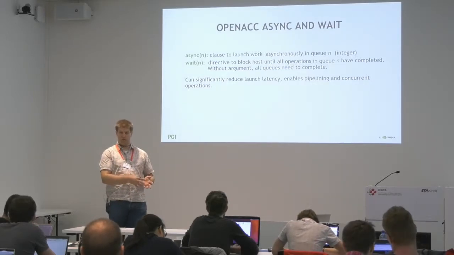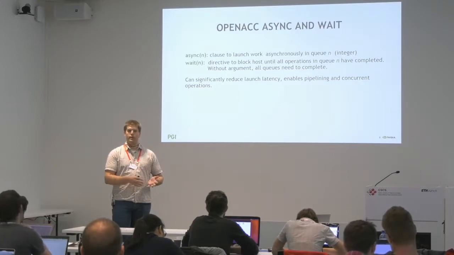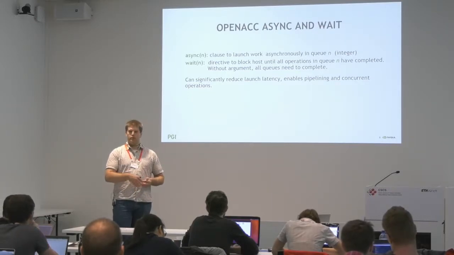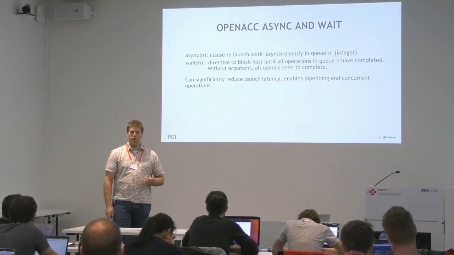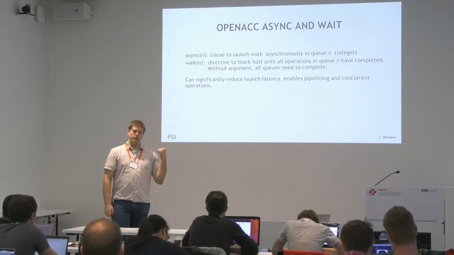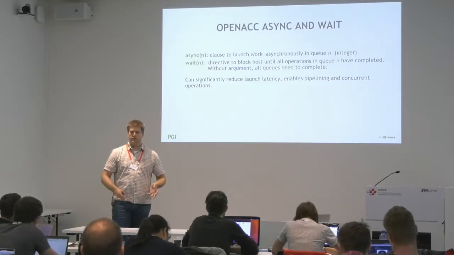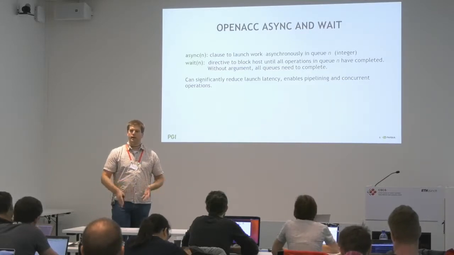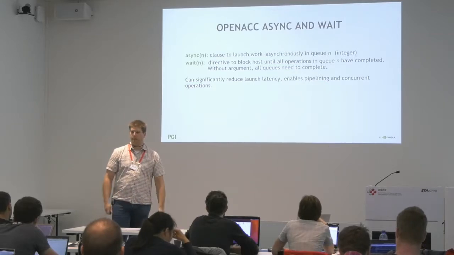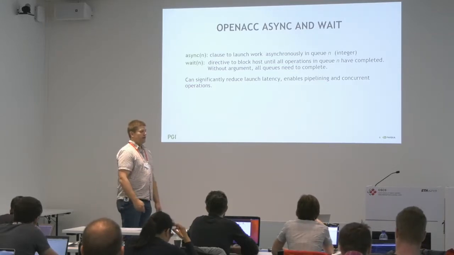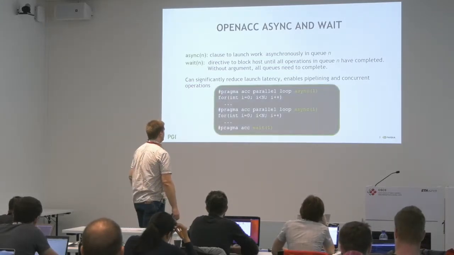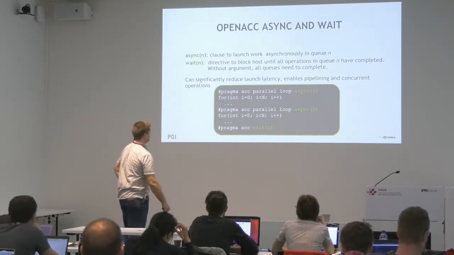So there's not a lot of work in each of them, but there are really very many of them. And this launch overhead then can become something that you can feel in terms of the overall performance. If you can use these queues, then basically you enqueue all the operations, and you can hide that overhead quite well. Now, let's take a look at a simple example of what these things look like.